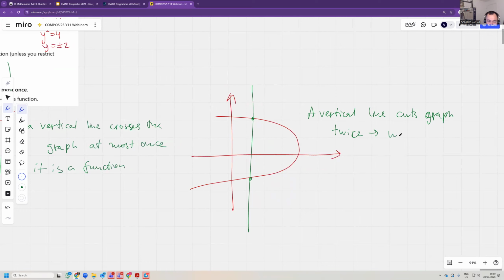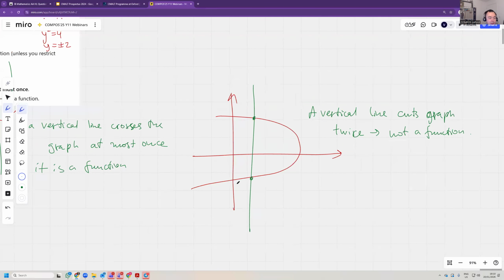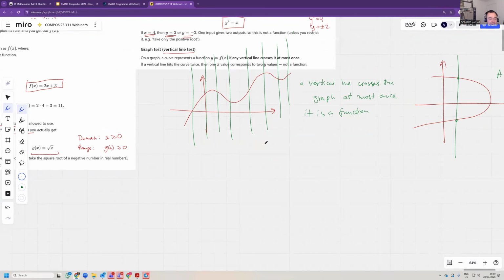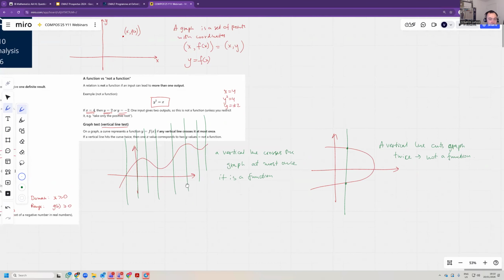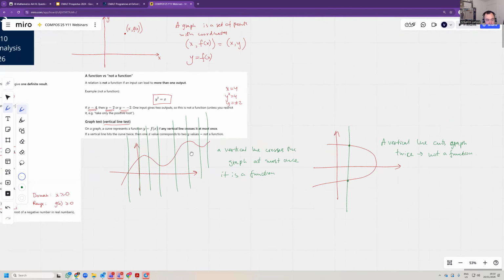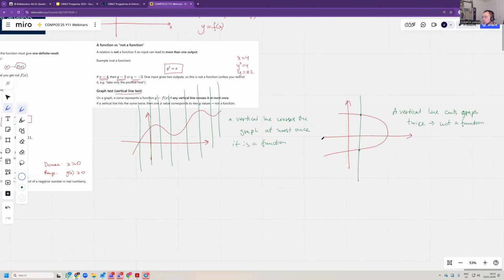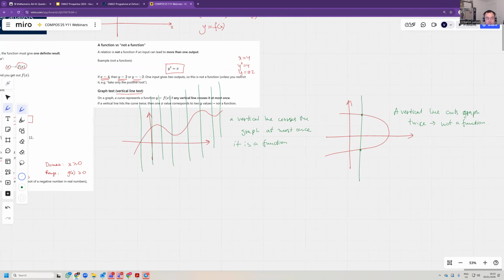So it's not a function. Okay, hopefully that makes sense. So basically, if the input is known, you must know the output. If you don't know the output, or there are several options for the output, then it's not a function. It's just a relationship.